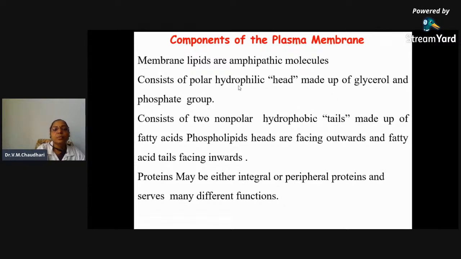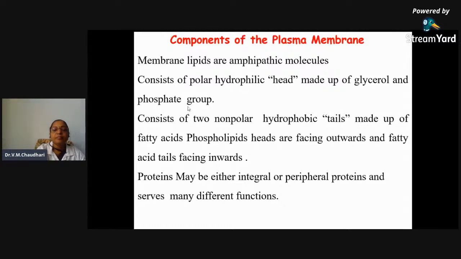They consist of a polar hydrophilic head, made up of glycerol and phosphate group, and a non-polar hydrophobic tail made up of fatty acids. The phospholipid head is facing outward of the membrane, while the fatty acid tail is facing inward of the membrane.